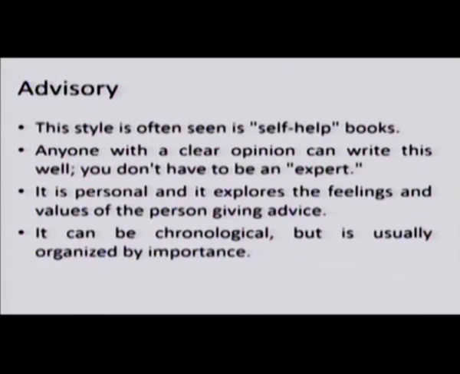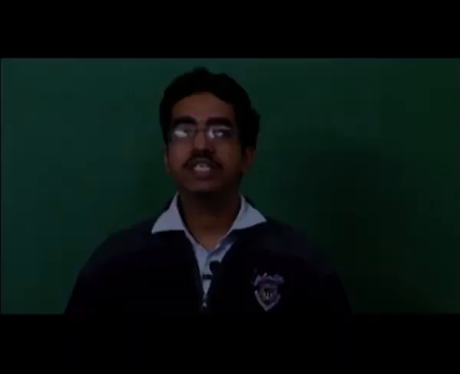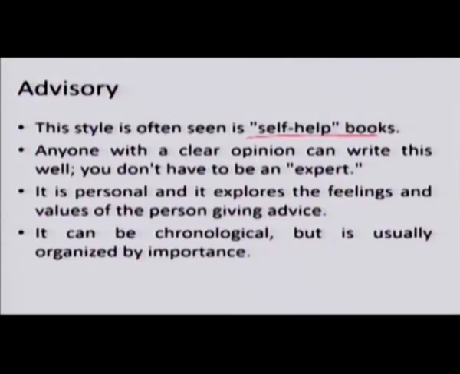As the name says, this actually gives advice to readers. This is often seen in what we call self-help books. So, how to become successful, how to have a successful career, and so on, that kind of self-help books.